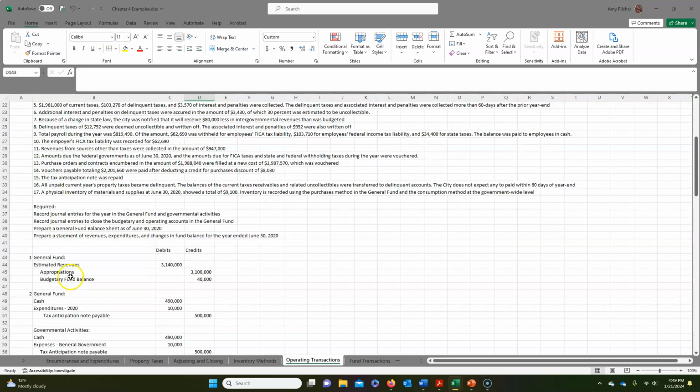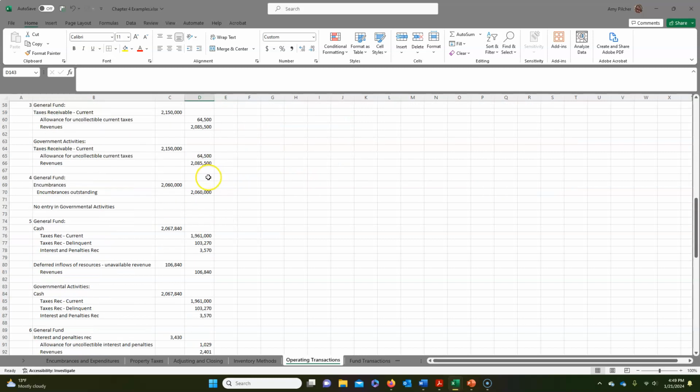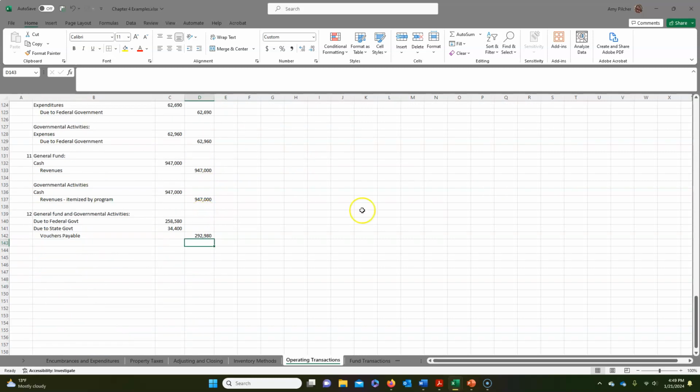Then 13, purchase orders and contracts encumbered in the amount of $1,988,040 were filled at a net cost of $1,987,570, which was vouchered. Okay, so 13, in our general fund, we have encumbrances.